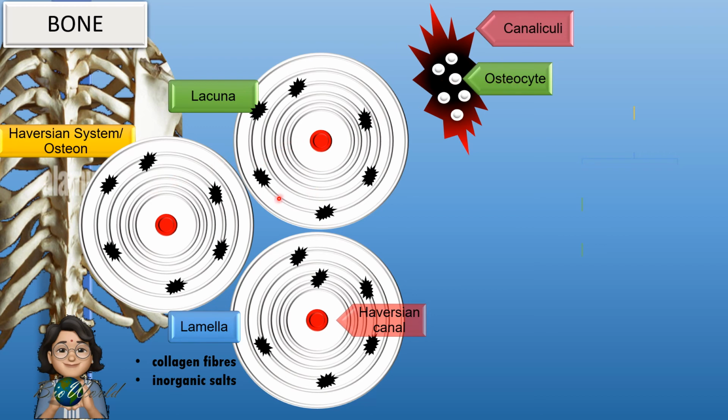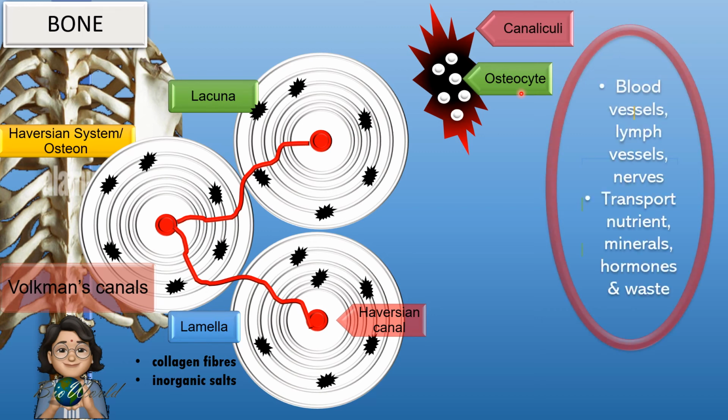Now, the Haversian systems are connected to one another by what is called the Volkmann's canal. I have intentionally colored the Haversian canal, the Volkmann's canal, as well as the canaliculi in red to indicate that all of these structures cooperate by connecting blood vessels, lymph vessels as well as nerves so that they can continuously transport nutrients, minerals, hormones, and waste material.